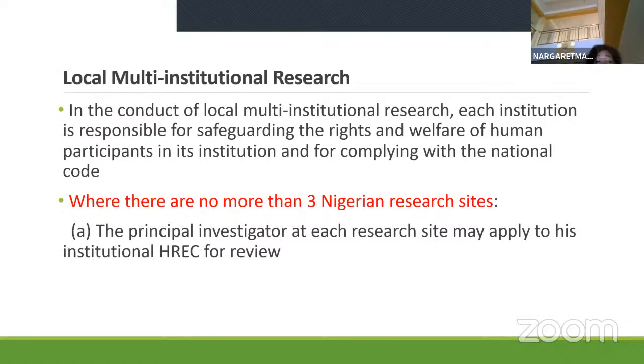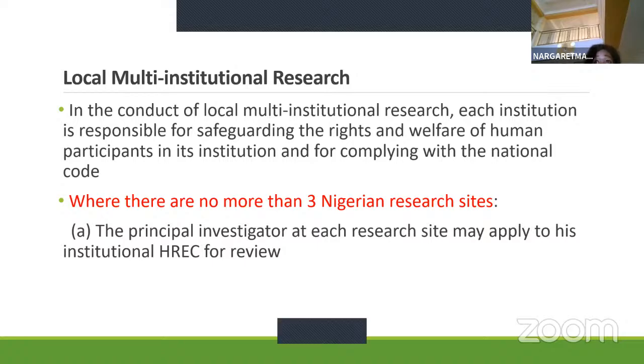In the conduct of local multi-institutional research, each institution is responsible for safeguarding the rights and welfare of human participants in its institution and for complying with the code. Where there are no more than 3 Nigerian research sites, the principal investigator at each site may apply to his institutional REC for review.